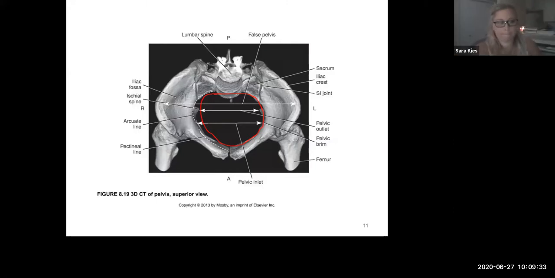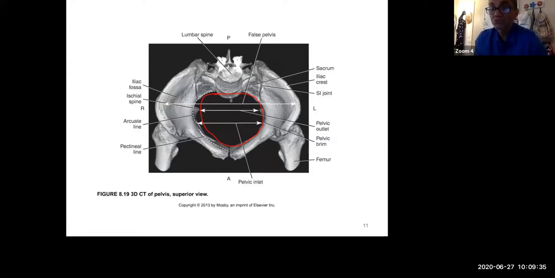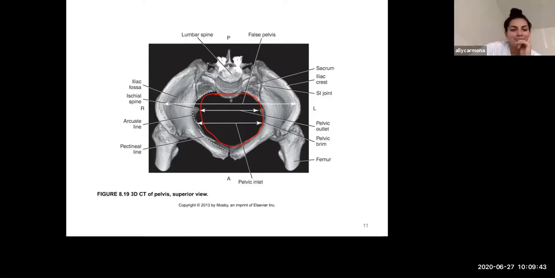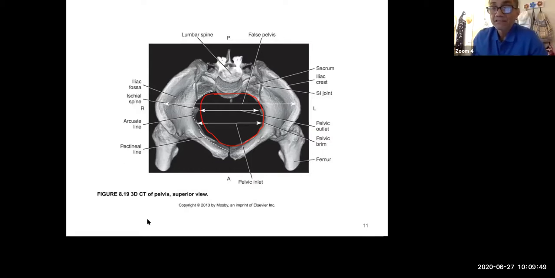This is the difference, Ali, between you talking on the phone and your friend. Pay attention. Okay. The pelvic brim consists of the arcuate line and pectinate line.